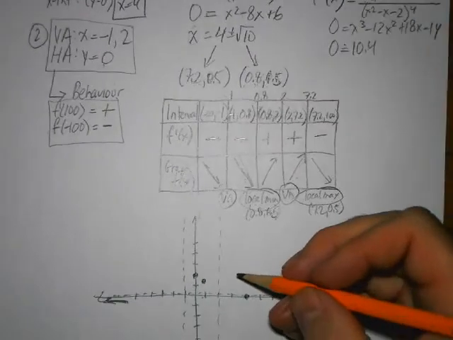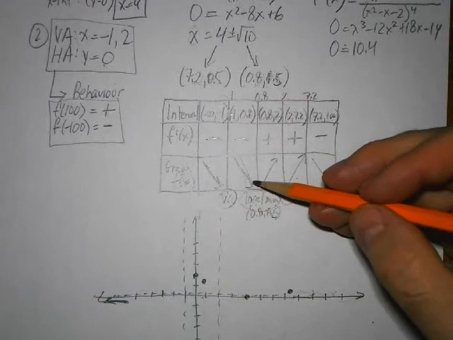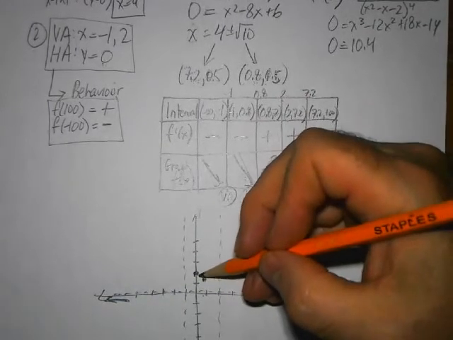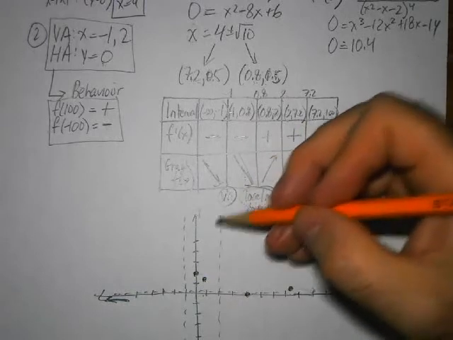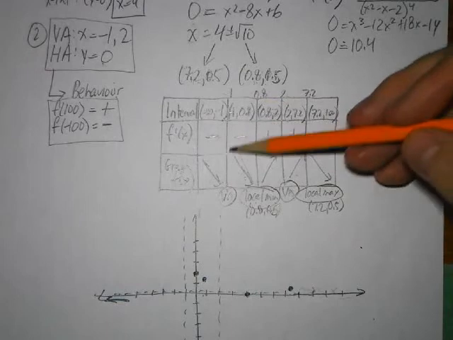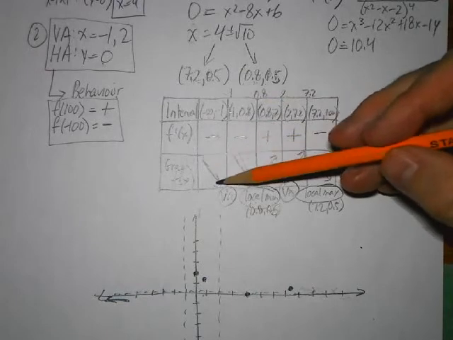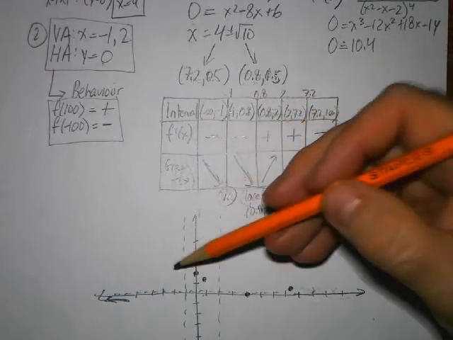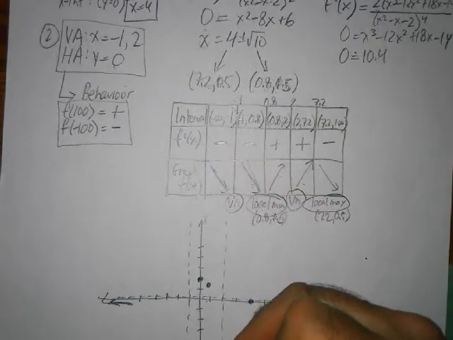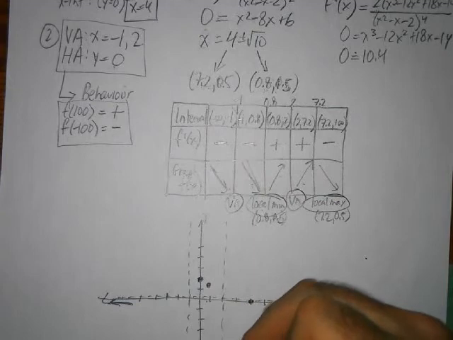Now from the interval table here at -1, you can see I'm decreasing to the left and the right of -1. So that means coming down here and also coming down on this side as well.